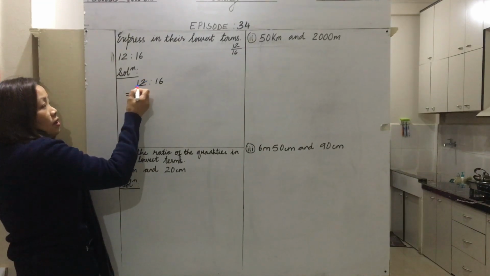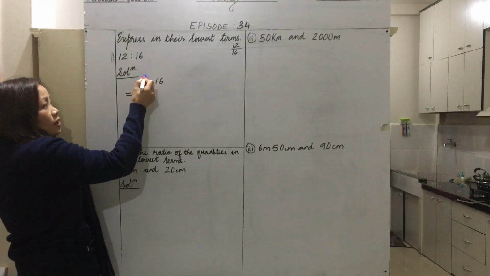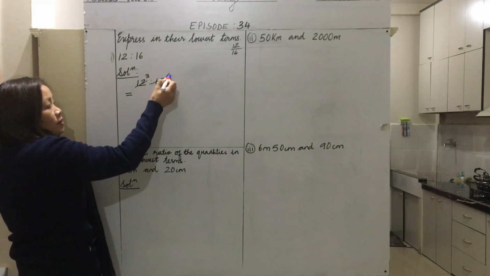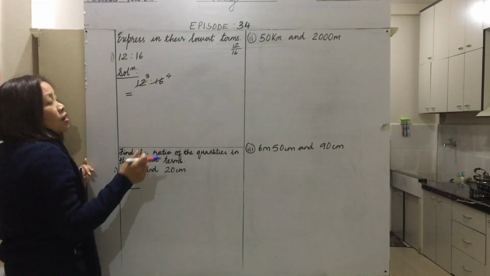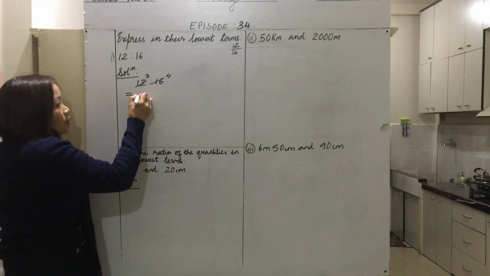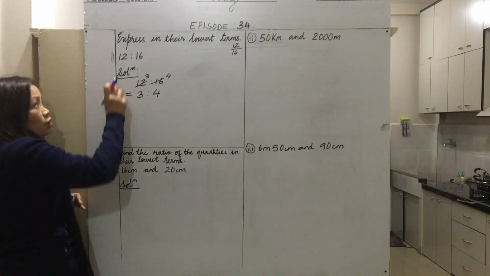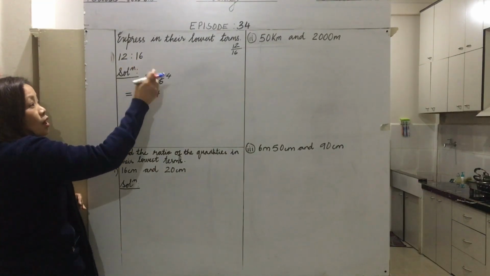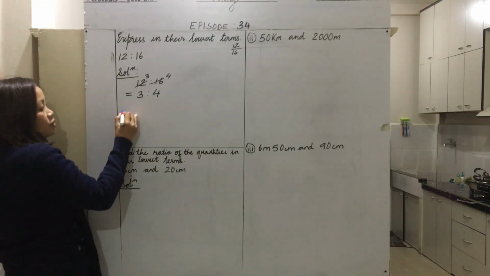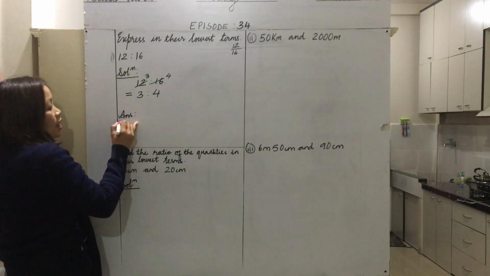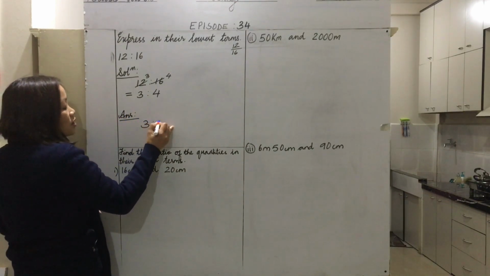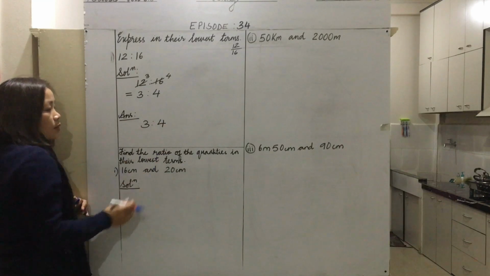So 4 threes are 12, and 4 fours are 16. Then 3 and 4 have no more common factor, so we have 3 is to 4. This means 12 is to 16 in the lowest term is 3 is to 4, right? This is how we reduce a ratio into the lowest term.